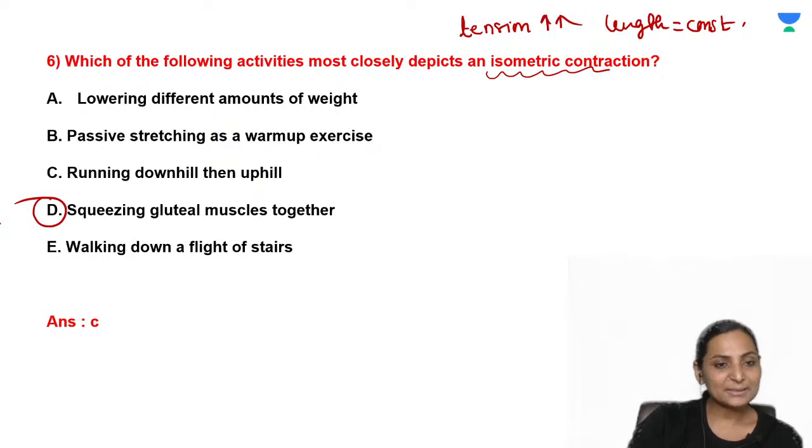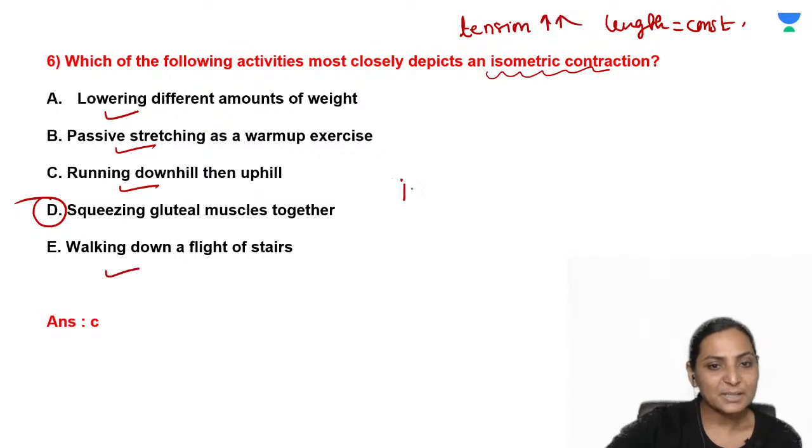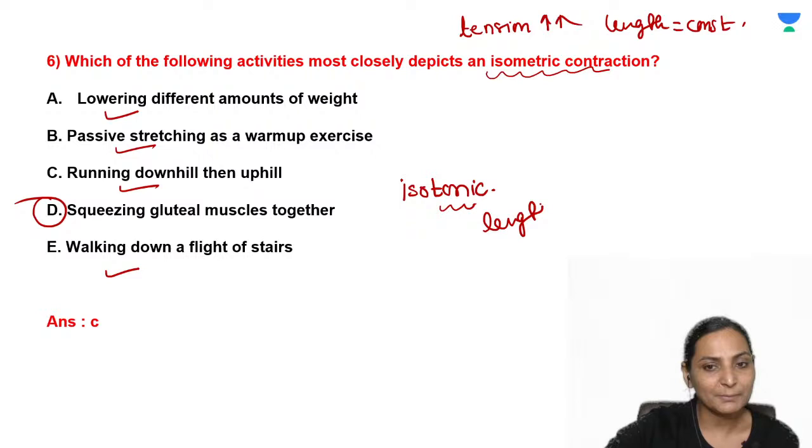When you are squeezing the gluteal muscles, you are not doing any work, you are just increasing the tension of the muscles. Whereas lowering the weights, stretching, running, walking, these are all examples of isotonic exercises where the tension remains constant and the length of the muscle is decreasing.